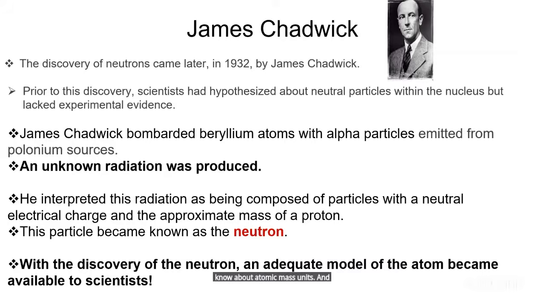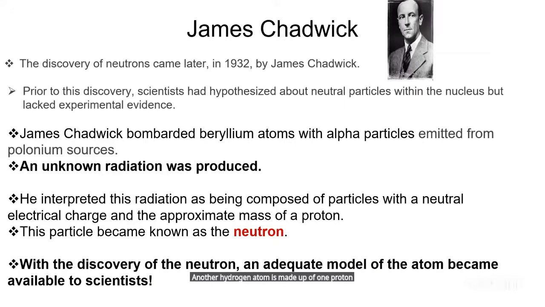And we know that helium has 2 protons, but the atomic mass unit of helium is 4. So what James Chadwick did is this. He said, okay, if that is the case, if I bring 2 hydrogen atoms, one hydrogen atom is made up of 1 proton, and another hydrogen atom is made up of 1 proton.